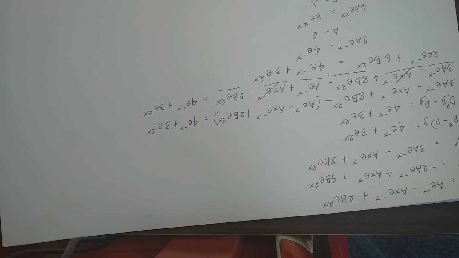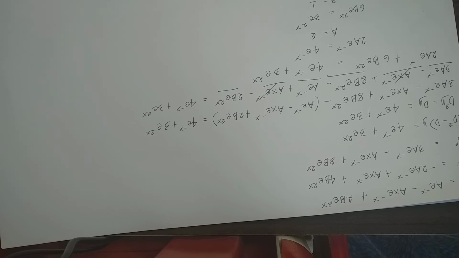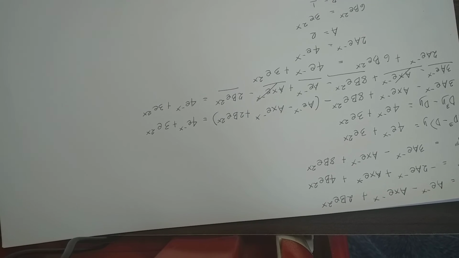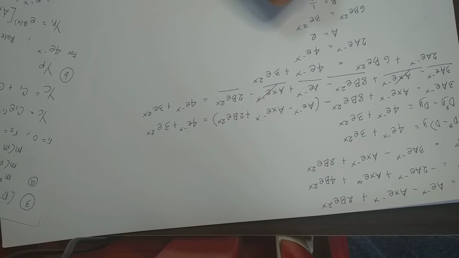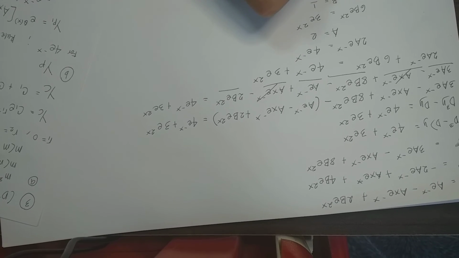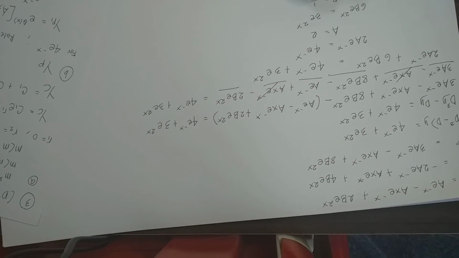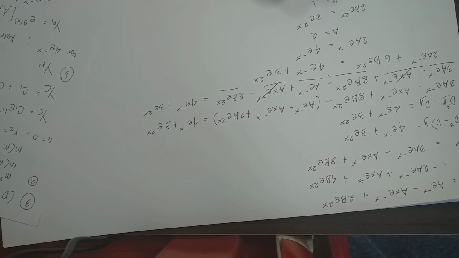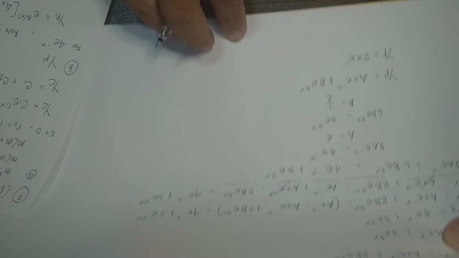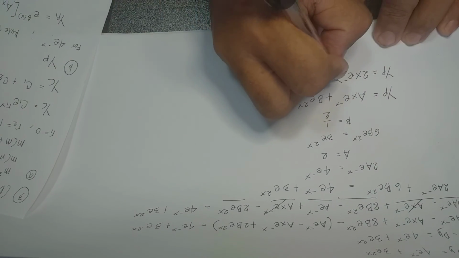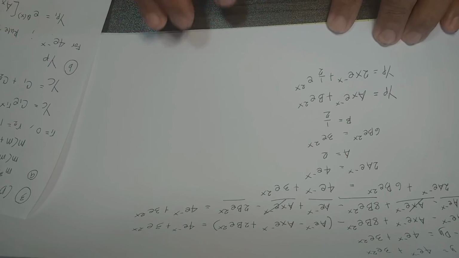Your yp therefore is equal to ax e to the negative x plus b e to the 2x, or yp is equal to 2x e to the negative x plus 1/2 e to the 2x. That is yp.